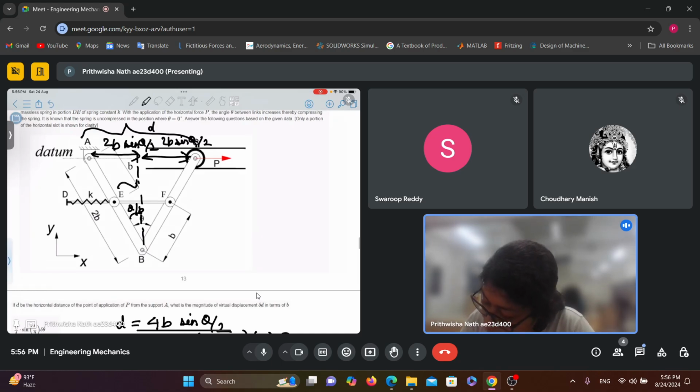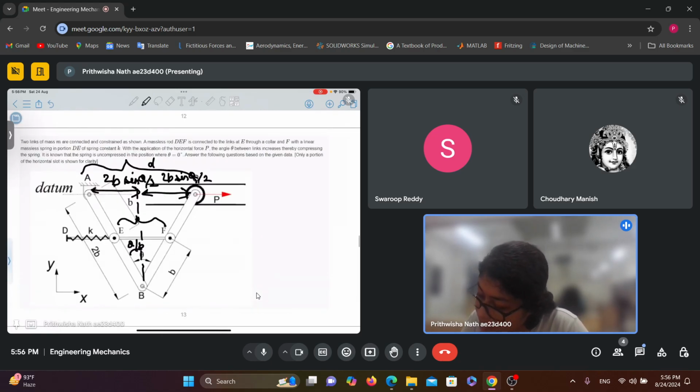X is this distance, right? It is mentioned in the problem that the spring is uncompressed when theta is 0. So x is this distance, right? So what is this distance? Can anyone tell me x? What will be this x from this figure? Can you tell me?